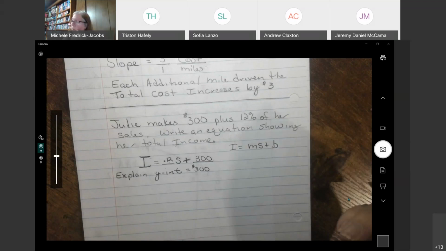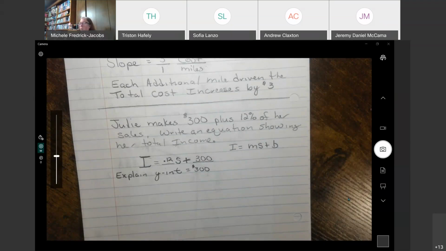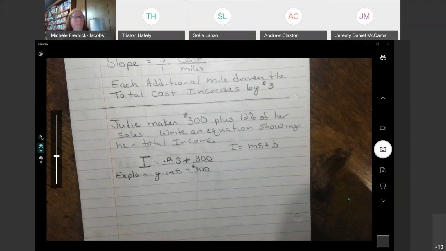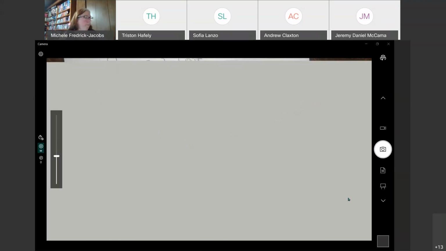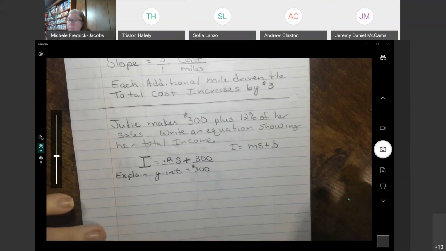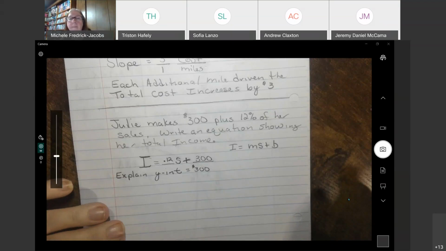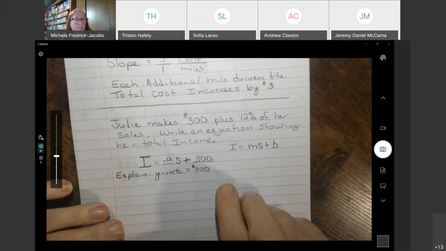So look back at the other problems and don't say any answers out loud yet. Let everyone try and write down what the y-intercept is standing for.